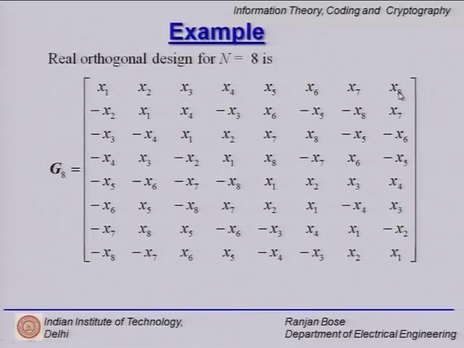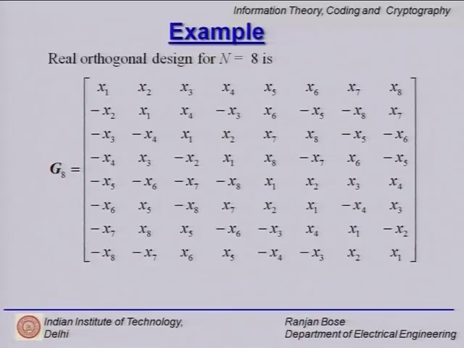Having done that, we go to our next time slot where we load minus x2 from antenna element 1, x1 from antenna element 2, x4 from antenna element 3, and so on and so forth till x7 from antenna element 8, and again I fire them.